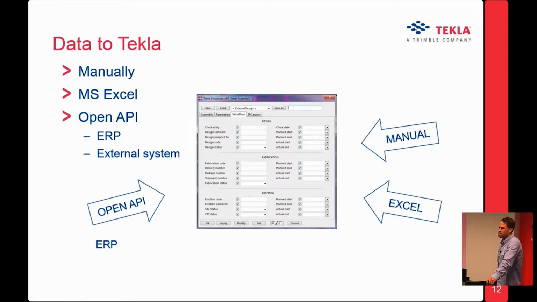We know that almost every office and every construction site uses Excel sheets to have these dates, for example, of the fabrication of the precast elements or steel elements. So we can also import straight from MS Project this information to Tekla, and I will show that in the demo.